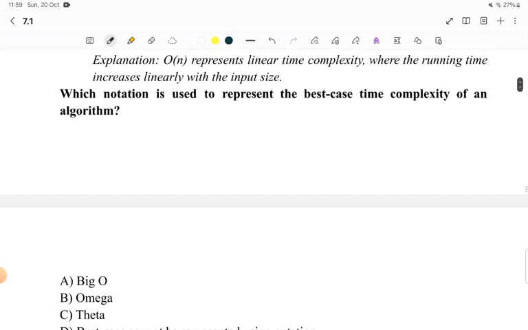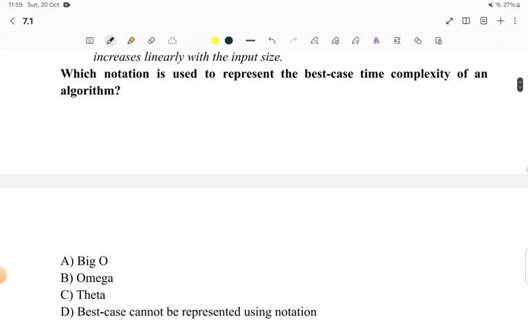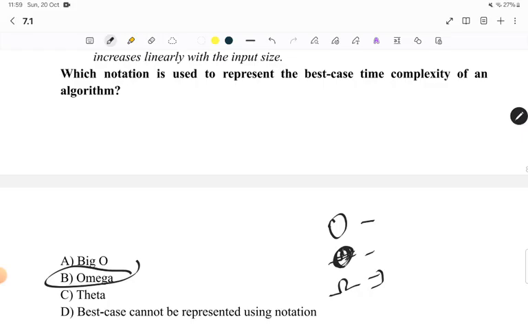Which notation is used to represent the best case time complexity of an algorithm? Best case time complexity means it takes less time. I already told you big O is for the worst case, theta is for both upper and lower bound, and omega is used for the best case time complexity. So omega is the correct answer.